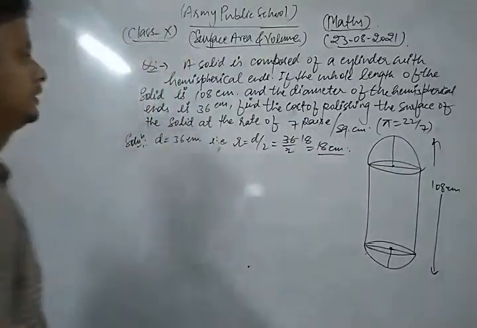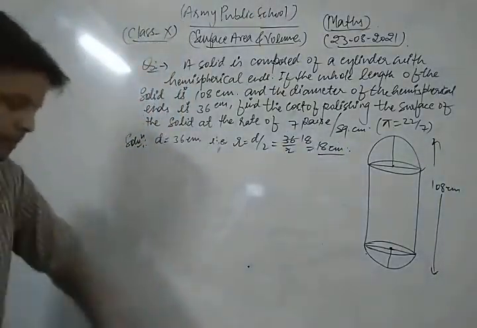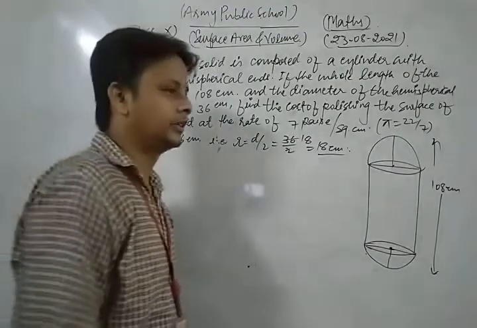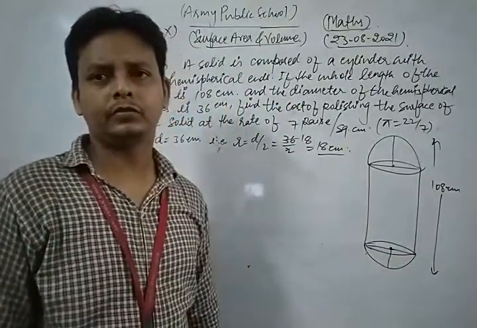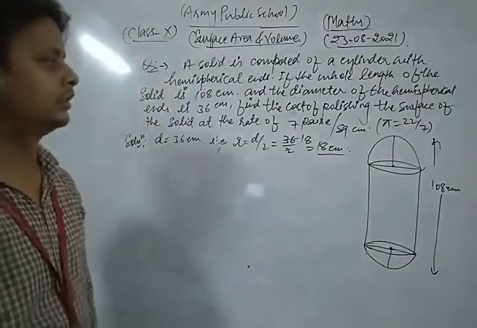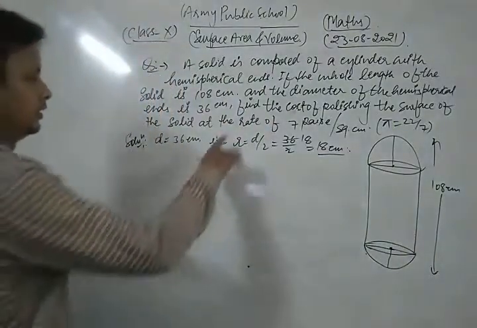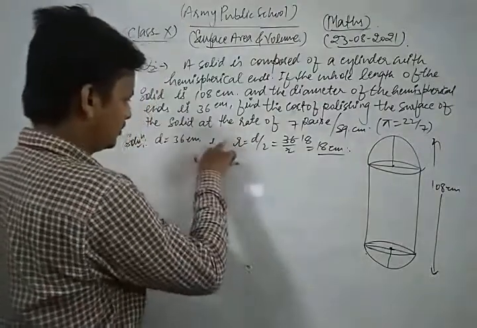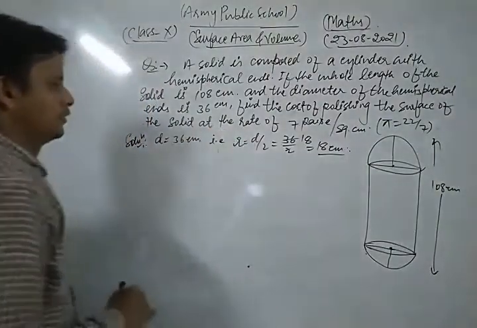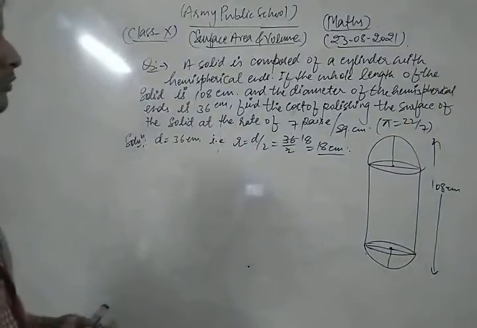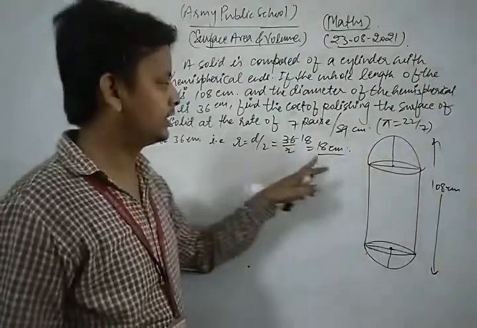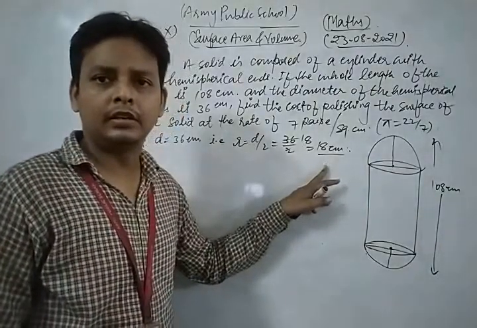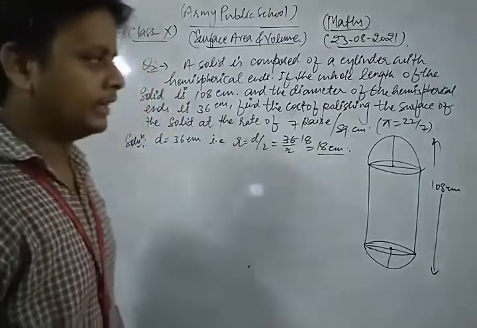So the radius of the solid is r equal to d by 2, that is 18 centimeter.